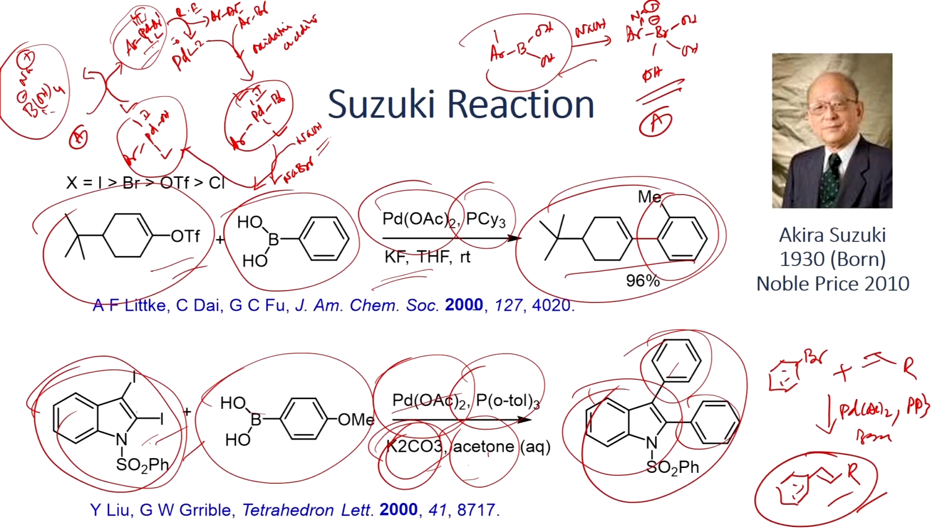So, one more reaction, very useful for CC bond formation, is known as the Sonogashira coupling reaction.